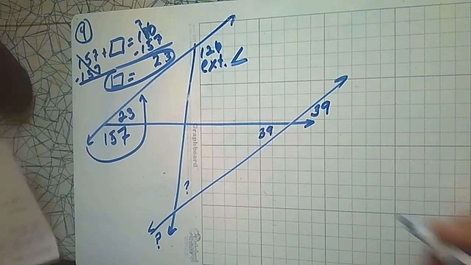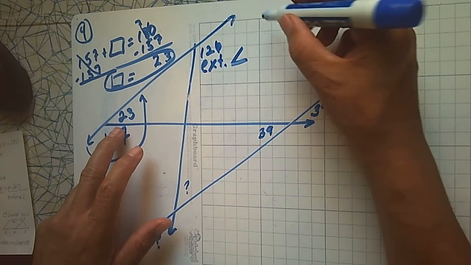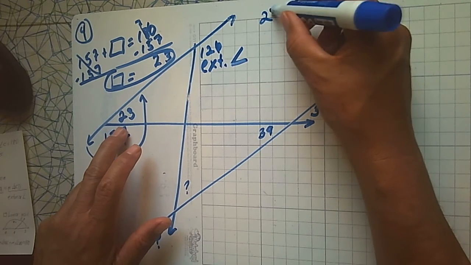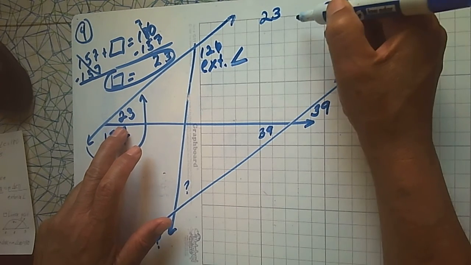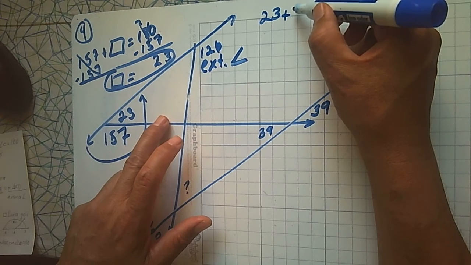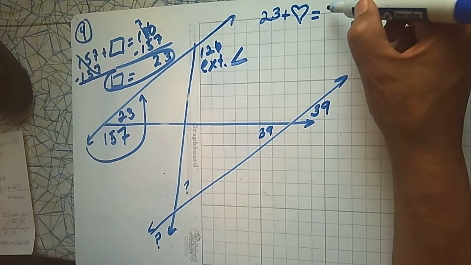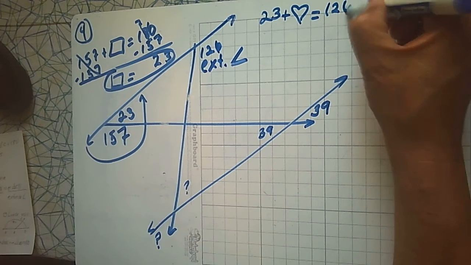So interior angle 23 plus the other interior angle, let me call it heart, is equal to the exterior angle 126.